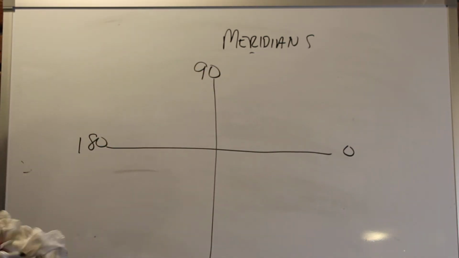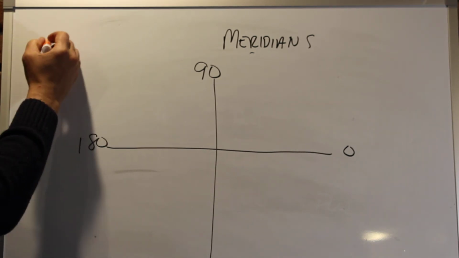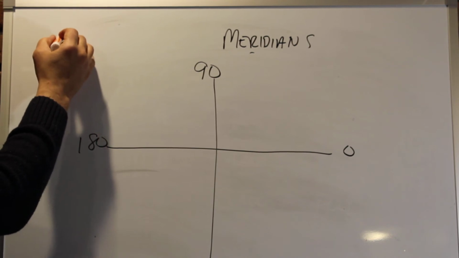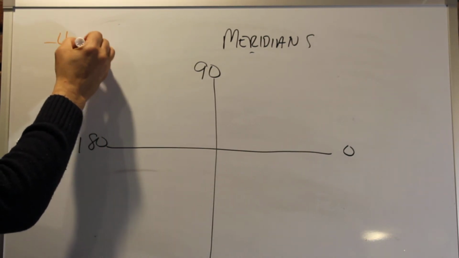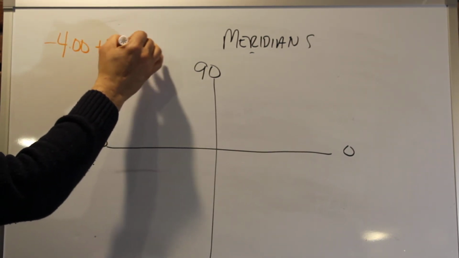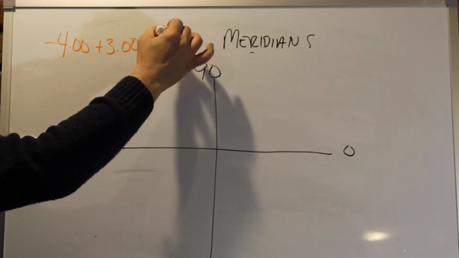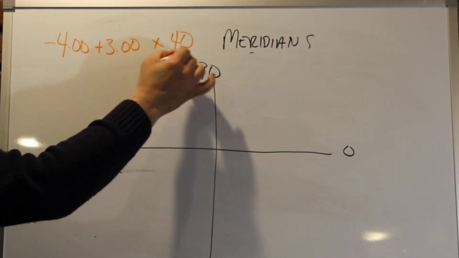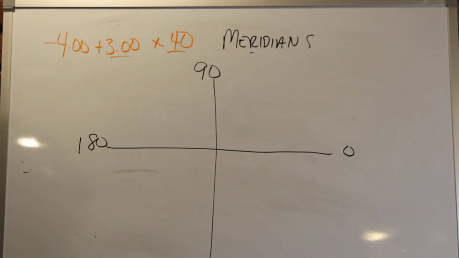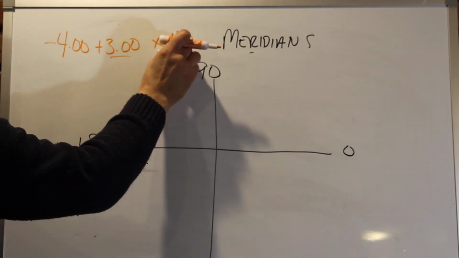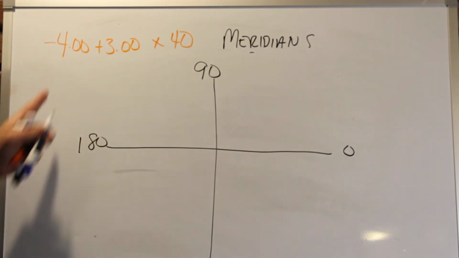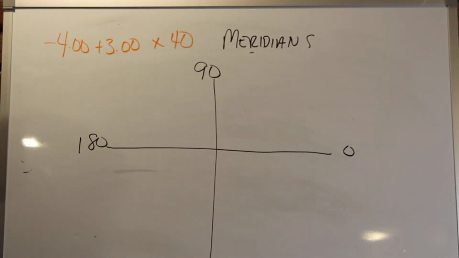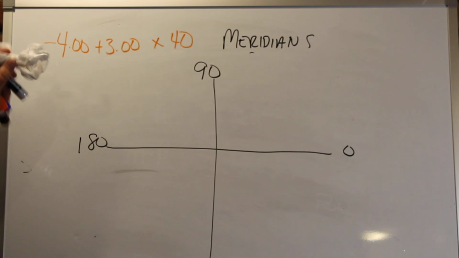So let's give you a prescription: -4 +3 axis 40. Now, there are some folks that in our homework and in our quizzes, because one was a plus, one was a minus, said that was mixed astigmatism. But be careful, it's not how it's written.